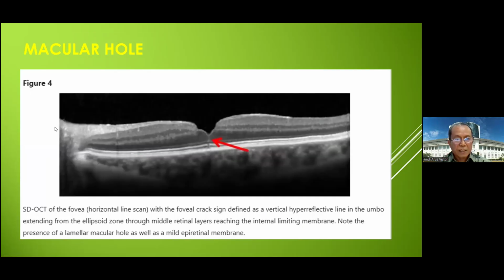Another sign is the foveal crack sign, a hyperreflective line extending from the ellipsoid zone to the internal limiting membrane. If we see this sign, there is potential for a macular hole to develop in the fellow eye.